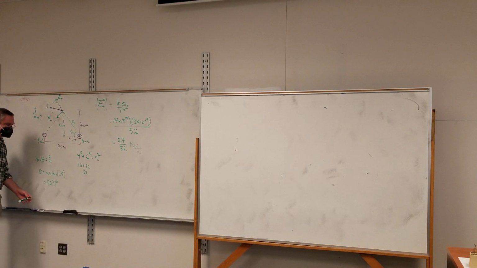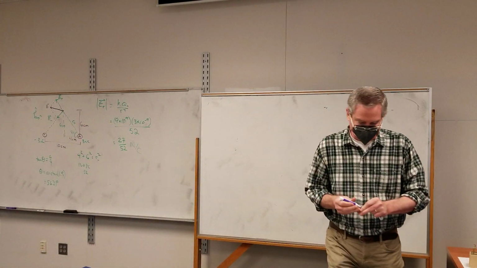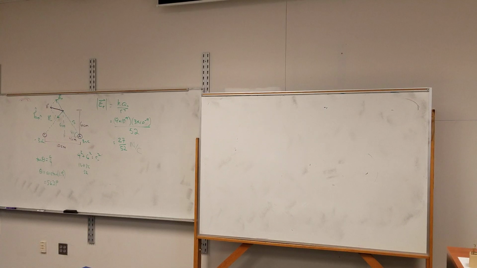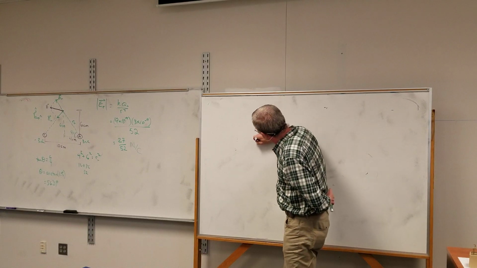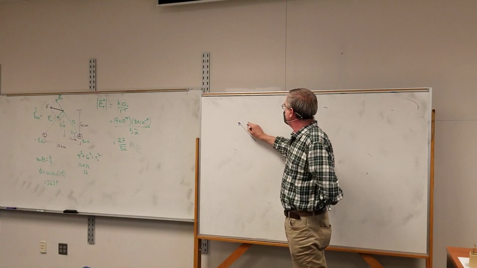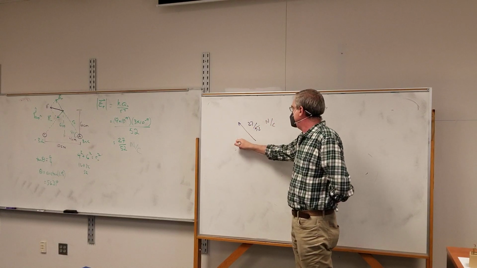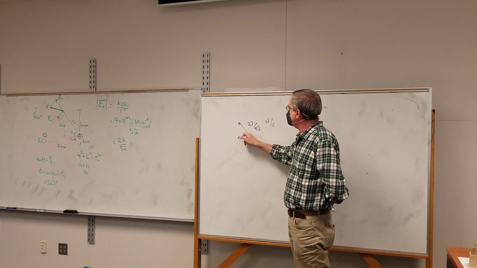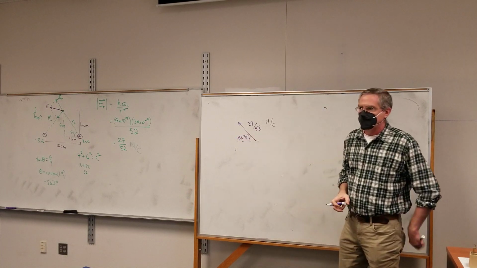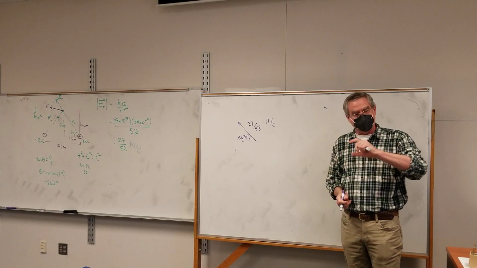All right, so what we have here. I have this vector, which represents 27/52 newtons per coulomb, and this angle right here is 56.31 degrees. Now I have a hypotenuse and an angle, so I can break it up into components.